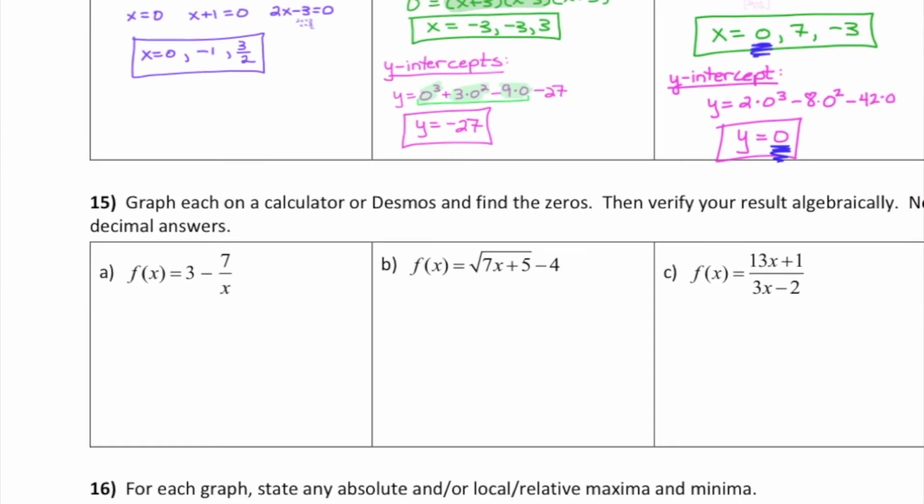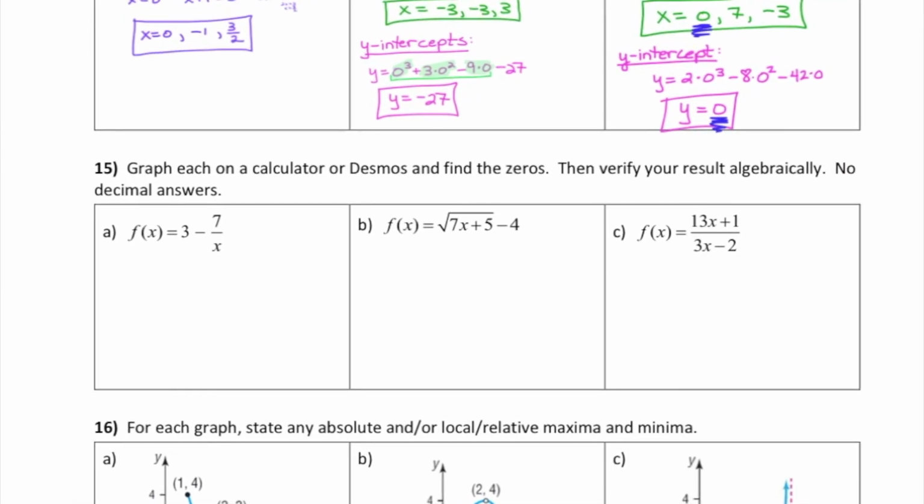Now, for number 15, you are asked to do both. Graph the function on Desmos, and I'm not going to even give you access to the calculators, so let's just get rid of that. So you're asked to both graph the function on Desmos and then algebraically.